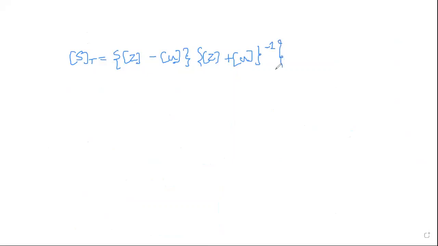So if you write the equation for transpose, S transpose is equal to Z minus U matrix into Z plus U matrix inverse. So this whole equation will be written under transpose, where AB transpose will be B transpose into A transpose. The same property will be applied here.